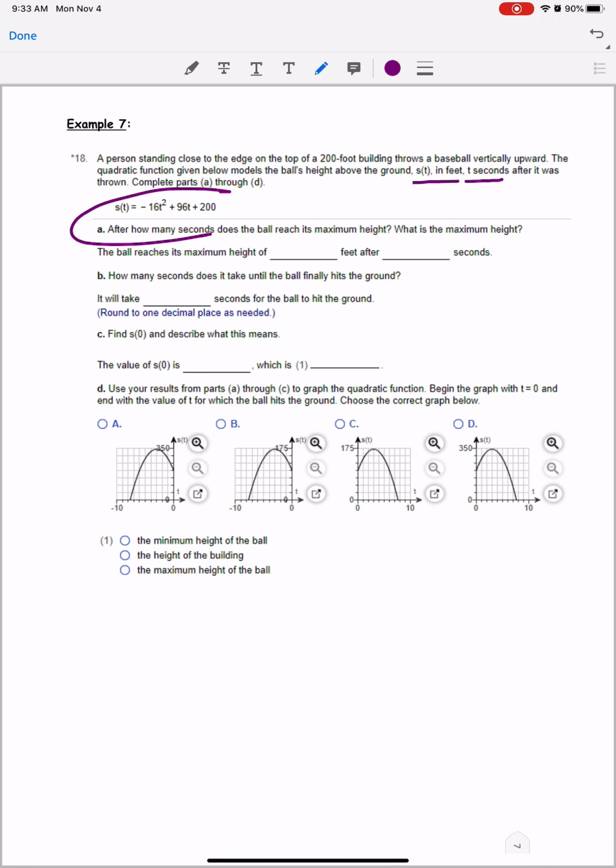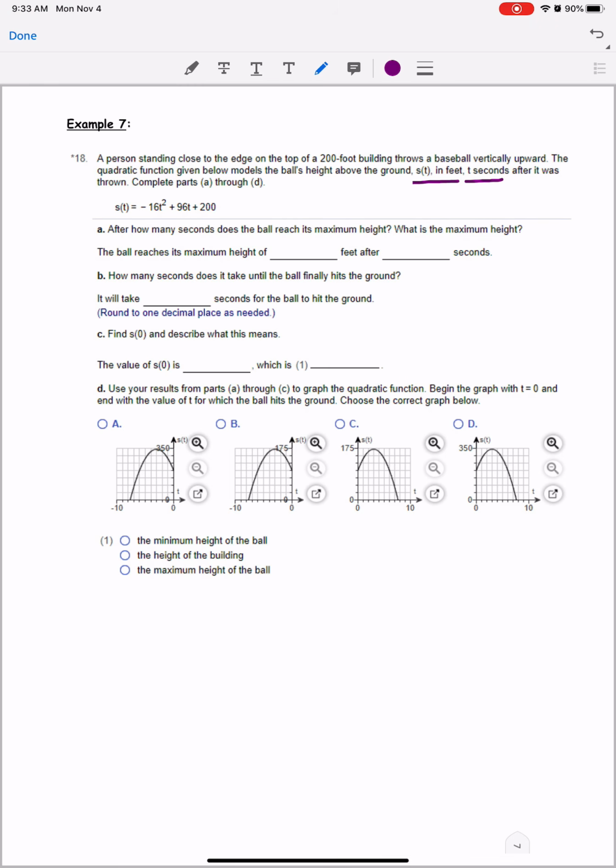So here's my quadratic function. How many seconds does the ball reach its maximum height? What is the maximum height?